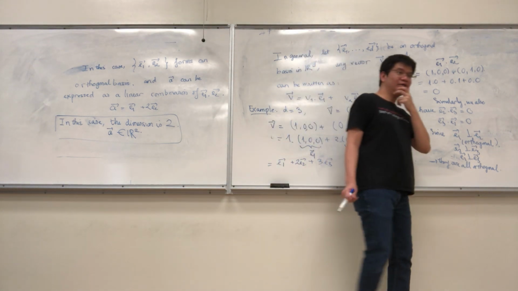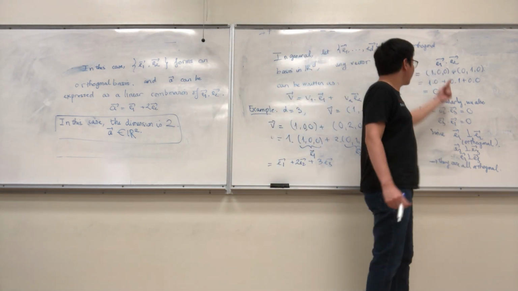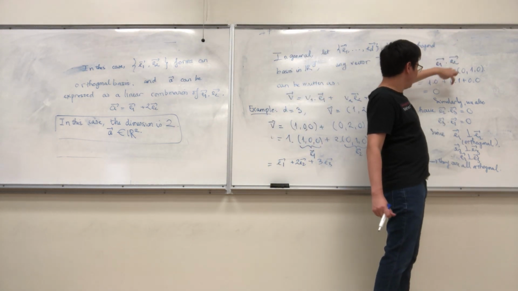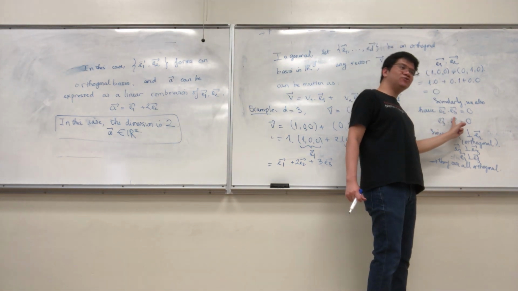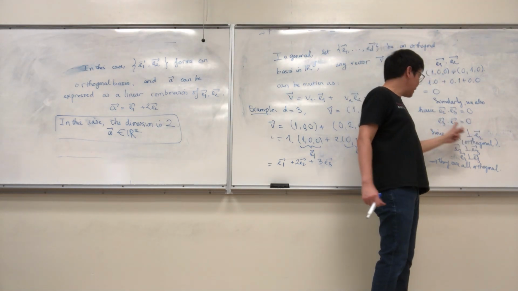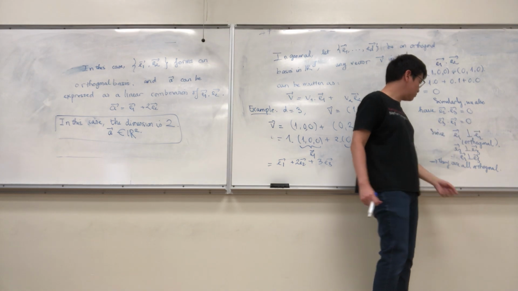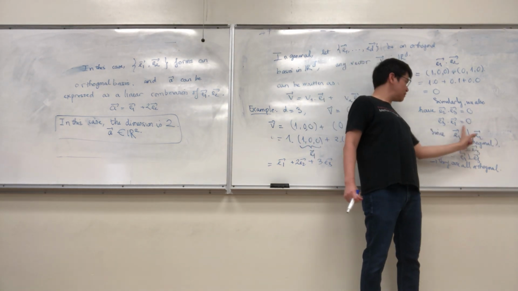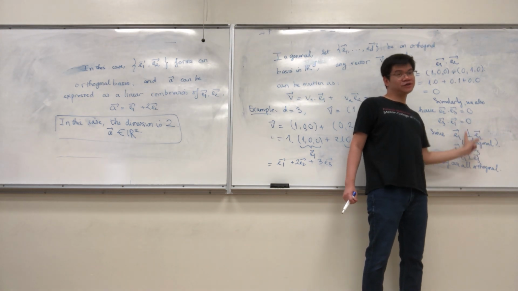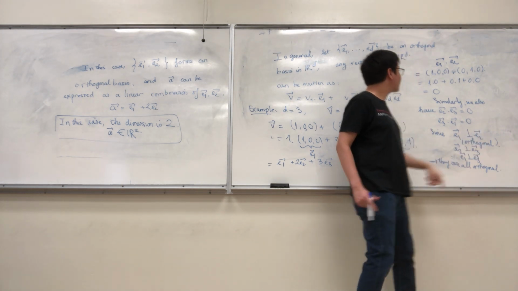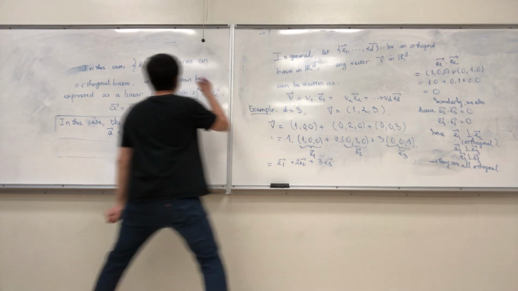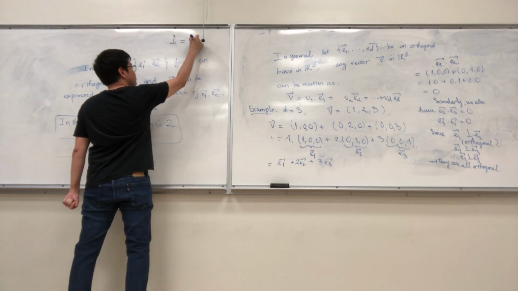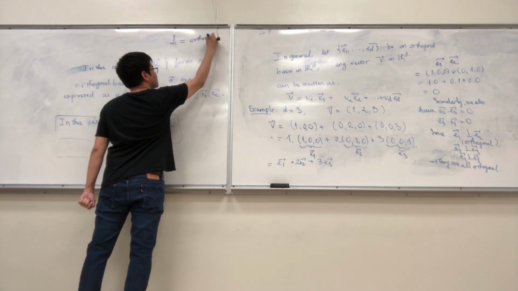So if you multiply all of these E, you're going to have E1 times E2 will be 0. You can check that E2 times E3 is also 0, and E3 times E1 is also 0. Then I say that E1 is orthogonal to E2. So this is the notation for orthogonal.